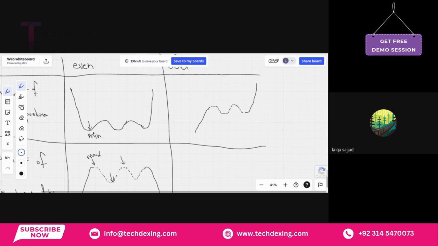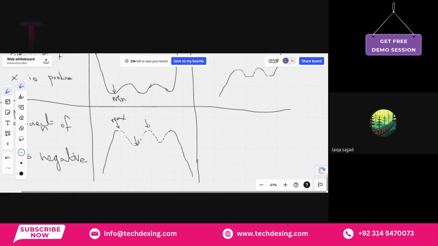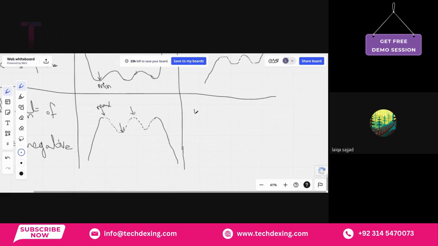When the coefficient is positive, it would start from the bottom left and end at the top right. But if the coefficient is negative, then it would start from the top left and end at the bottom right. So the graph would be something like this.